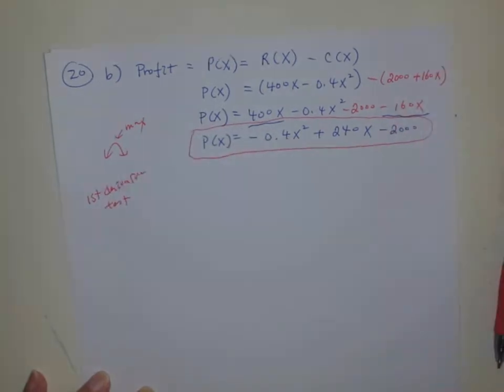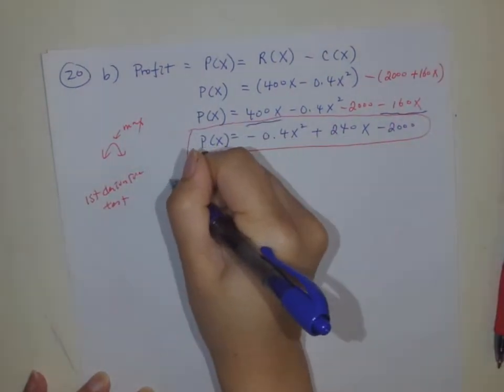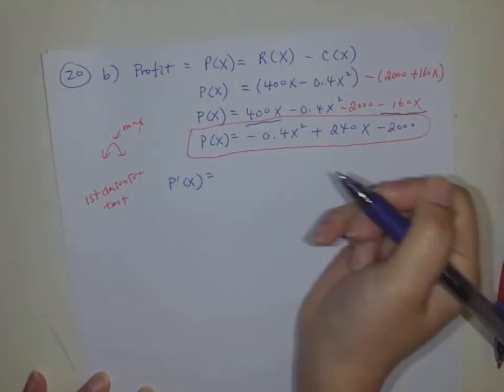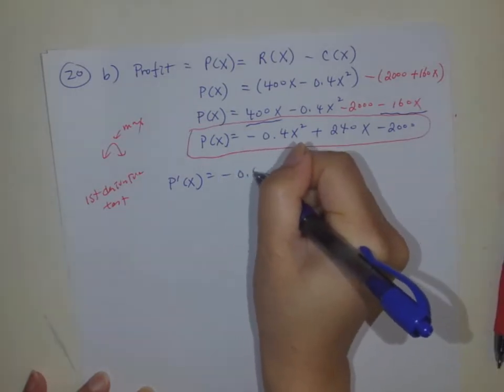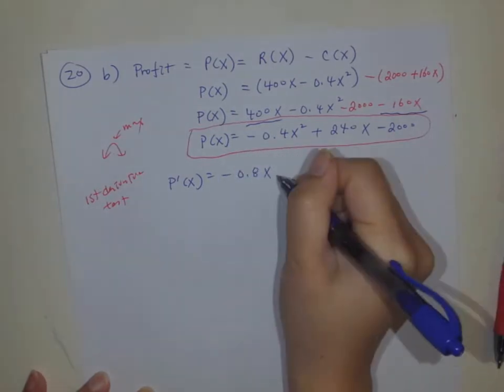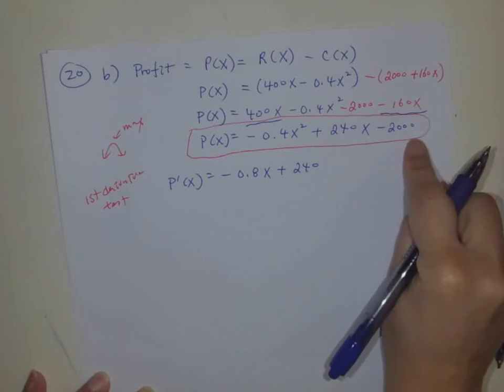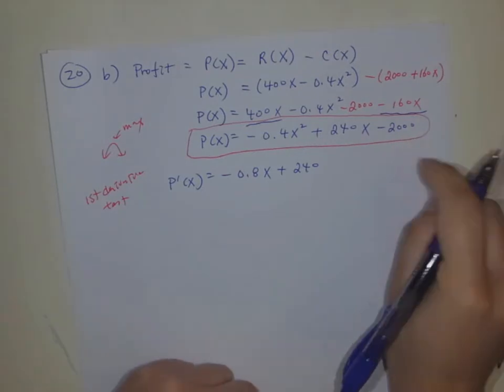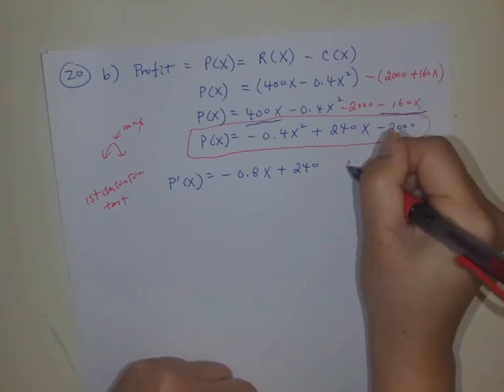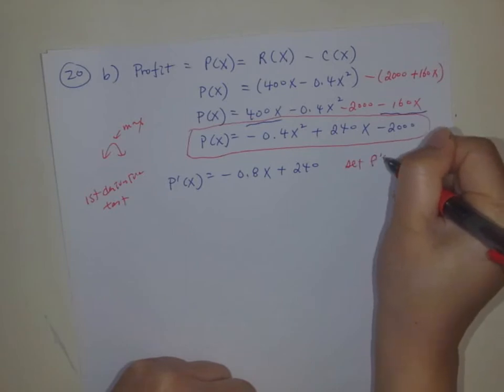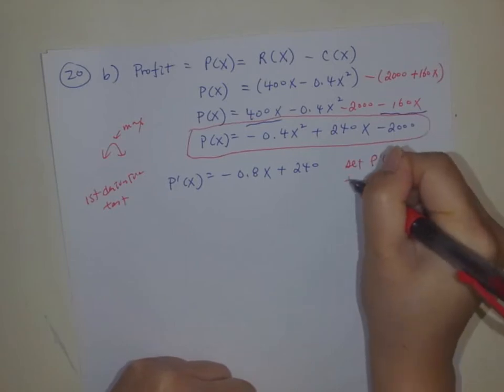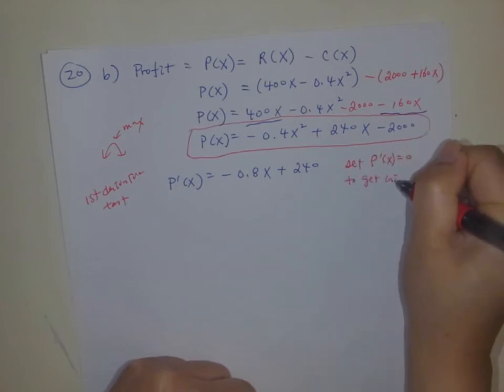P prime of x equals negative 0.8x plus 240, right? We need to set that equal to 0, P prime of x equal to 0, to get the critical number.